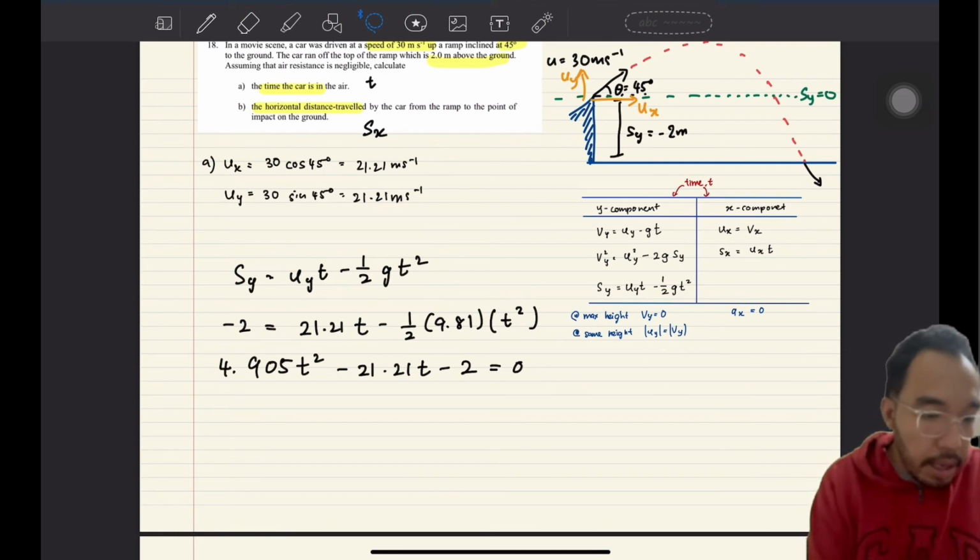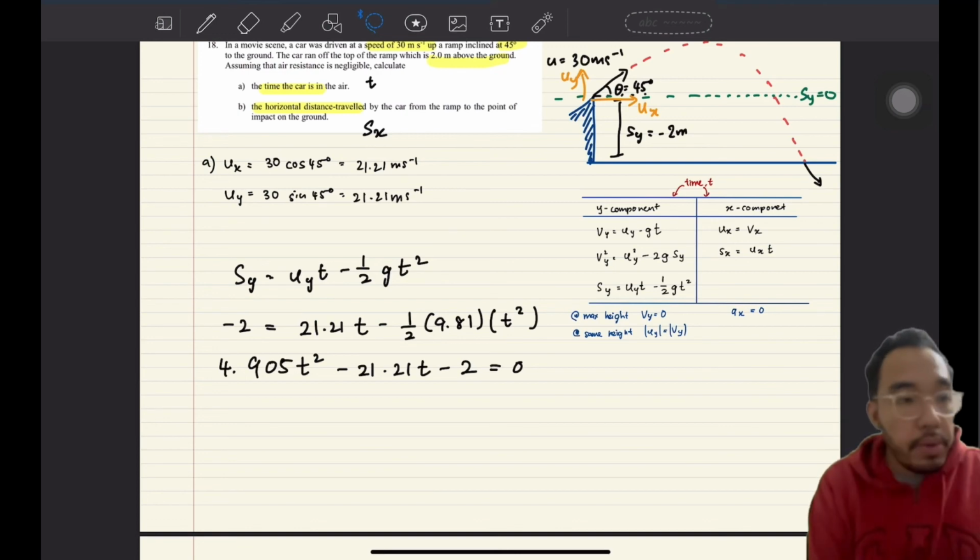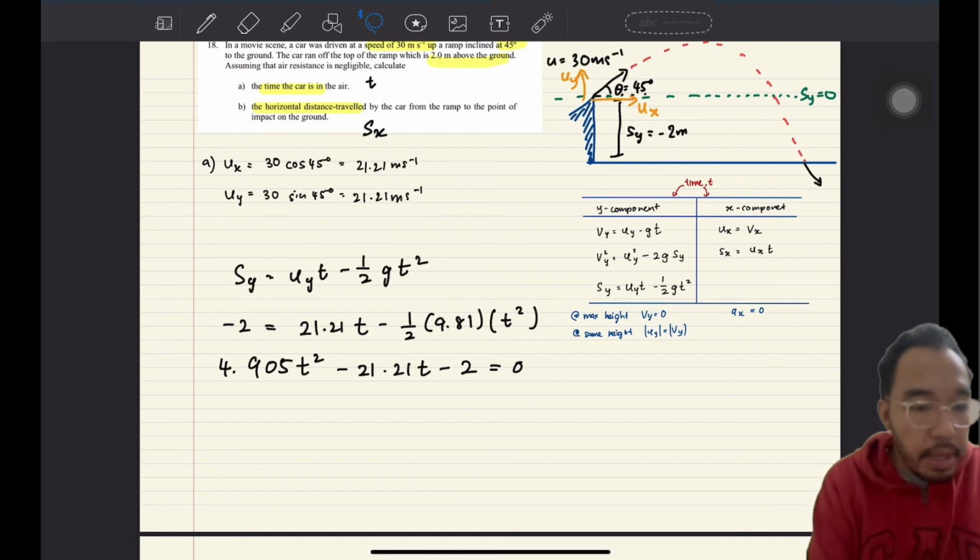You can use the calculator's equation function. This calculator is quite new to me, so I might need some time to find it. I press menu, setup, and find the equation mode, which is the A there.